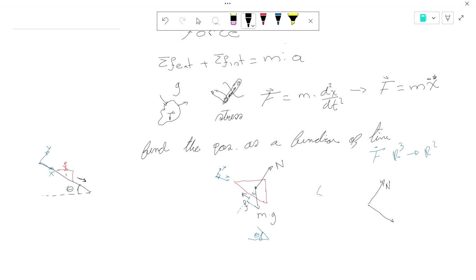If I extend this like so, extend this like so, we're trying to identify that there is an angle between this and mg.